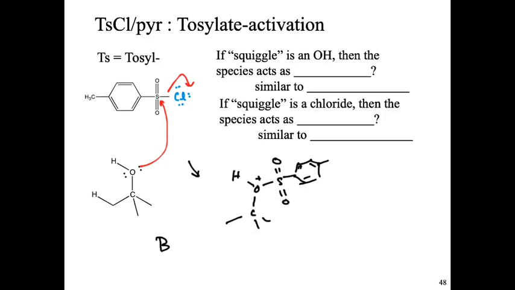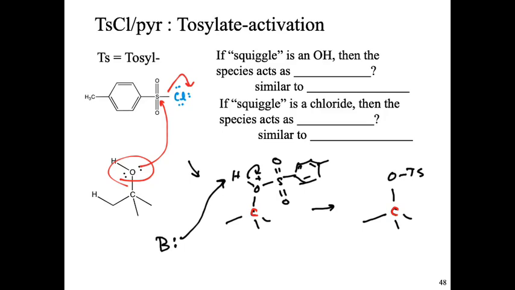Anything remotely basic in solution, for instance, the starting alcohol can remove that hydrogen, and we would now end up with OTs. What happened to the arrangement of atoms around that center carbon?